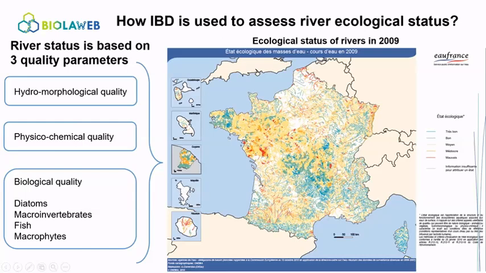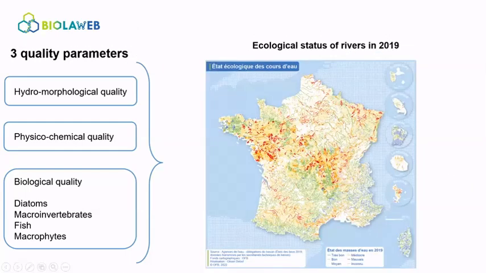Mayotte, it's an island which is near Madagascar, and Réunion, it's in the middle of Indian Ocean. So since they are part of Europe, we also have to assess the quality for these lakes, for these rivers. And this was in 2019.